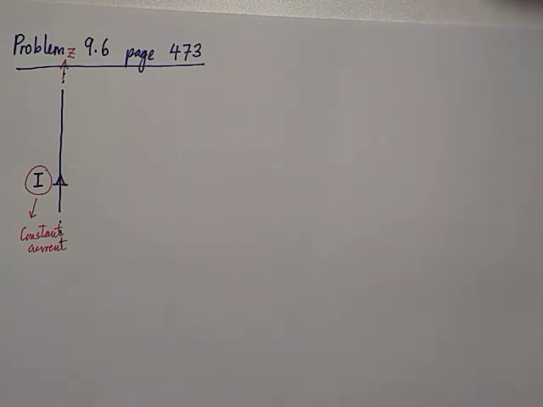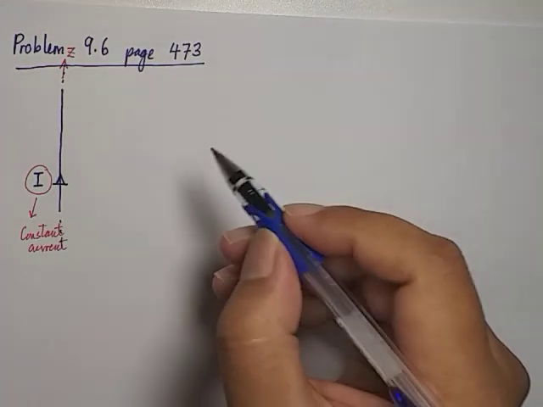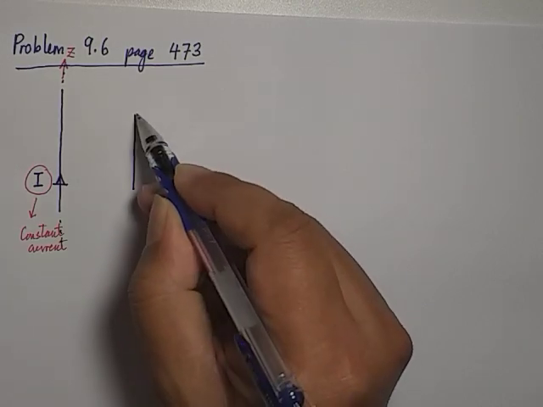Then in this problem, another conductor is given, but now the structure is slightly different. The structure is a square loop.